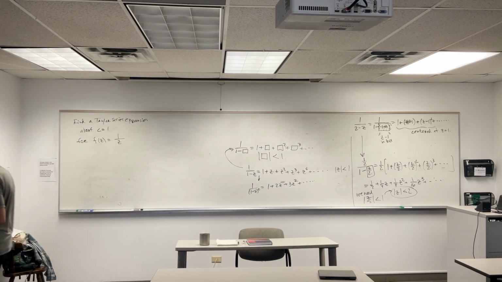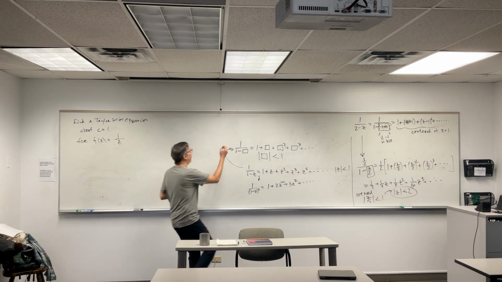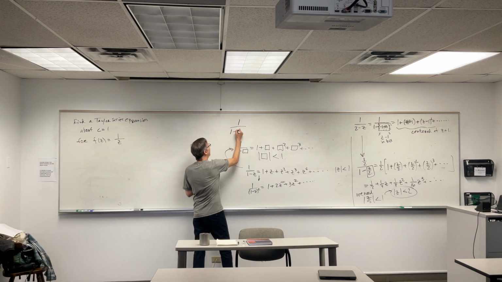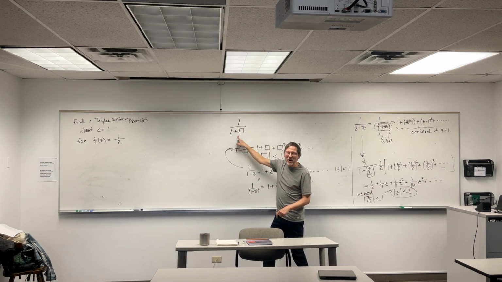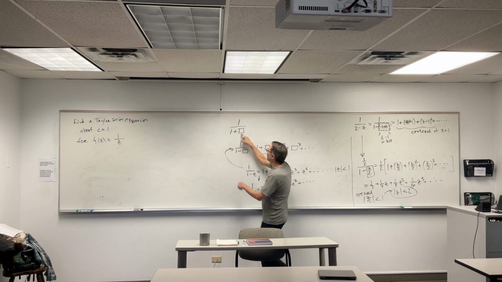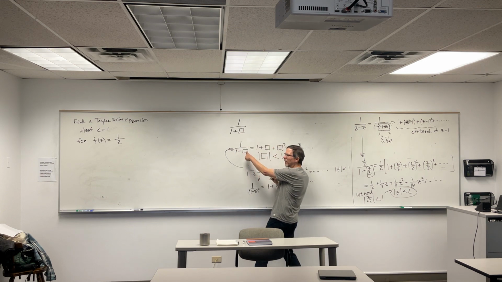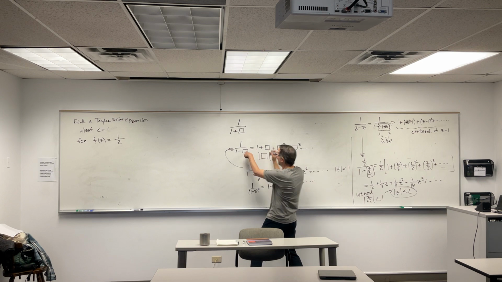Alright, I did the thing. Did you do the thing? I think so. Do you want to compare? Sure. So a little tip that might help: if you want a plus here, it's replacing the square with a minus square.